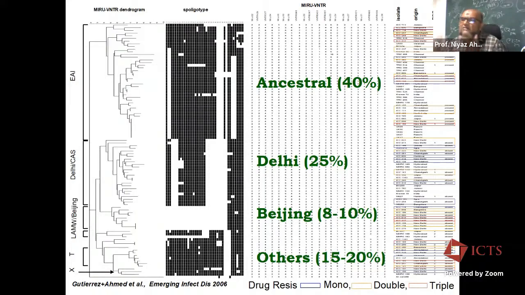So with that, the scenario is roughly like this: 40 to 50% ancestral lineages, the rest other lineages. If there are more ancestral lineages circulating in the TB landscape in India, that is good news also for the control programs, the national TB control programs, that these strains could be manageable.